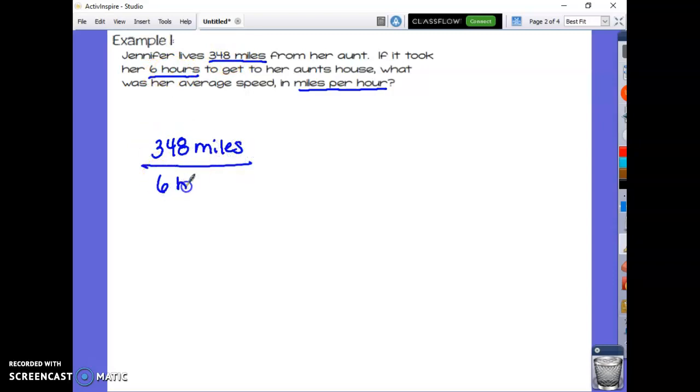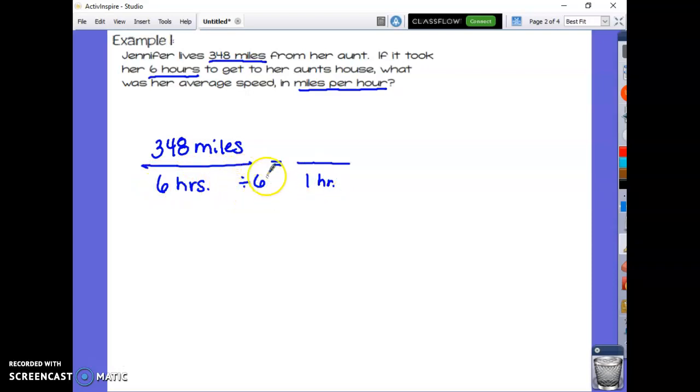In 6 hours, well, in order to get 1 in the denominator, because remember, that's what we're looking for, miles per 1 hour, we would have to divide the 6 by 6, because whenever you divide one number by itself, you end up with 1. So dividing the bottom, or the denominator, by 6 will get us 1 hour.